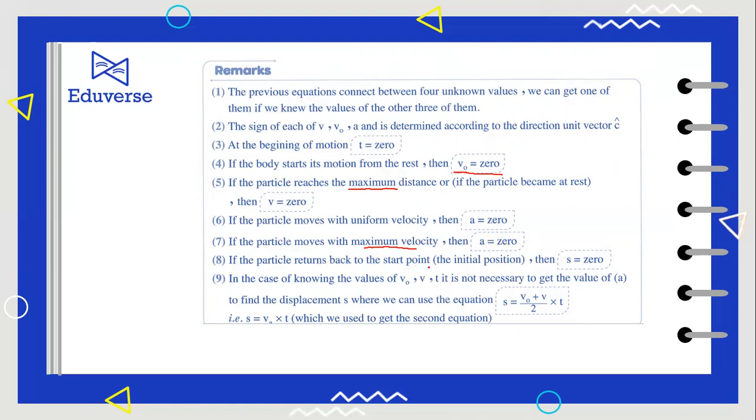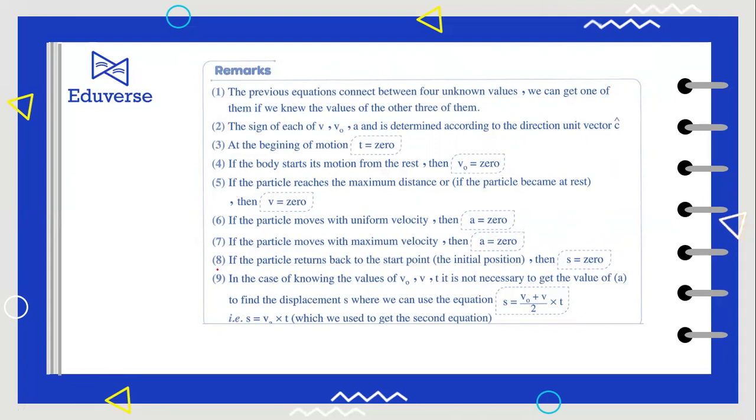If a particle returns back to the start point, the initial position, then the displacement equals 0. If I return back to the first point, then there is no displacement. Here I have a distance, but not displacement, because the start point and last point are the same.